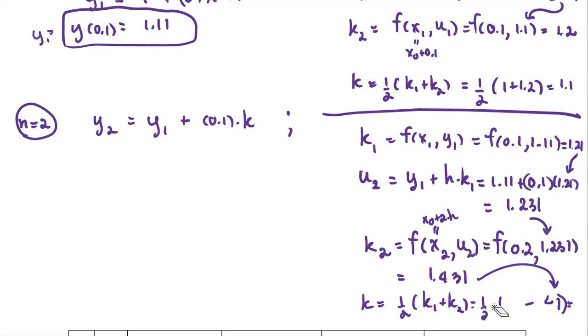Let's clean up a little bit, make it readable. So one half of 1.21 plus 1.431, and k comes out to be 1.3205.